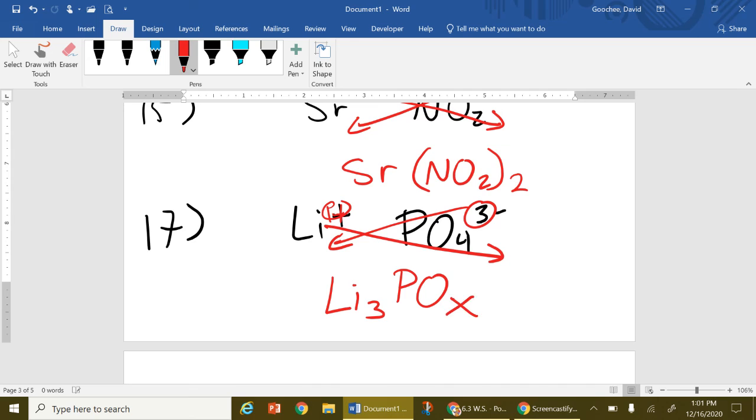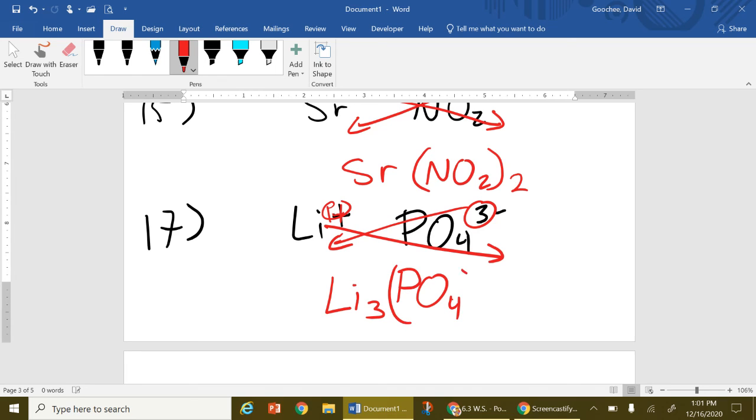This is not the answer. A phosphate is PO4. You have 1 phosphate. This is what 1 phosphate looks like. It is not just PO. That is wrong. You have to have a single PO4.